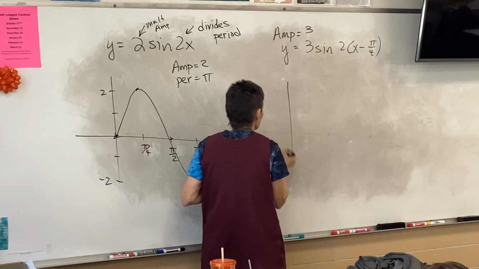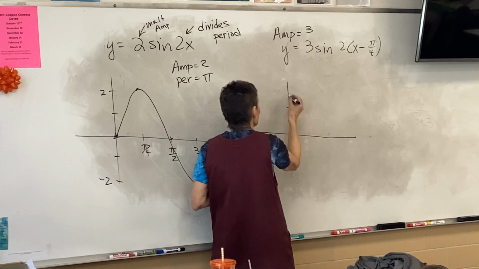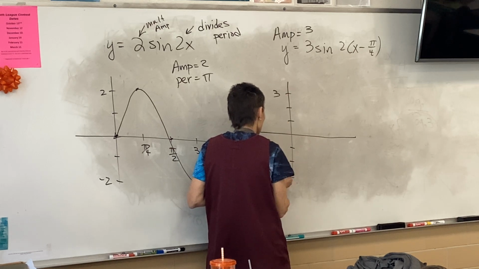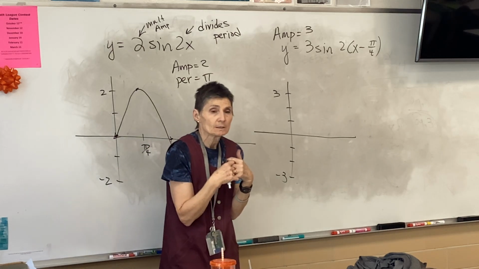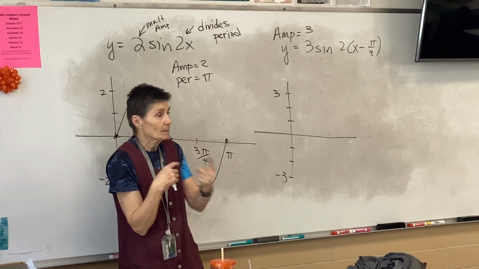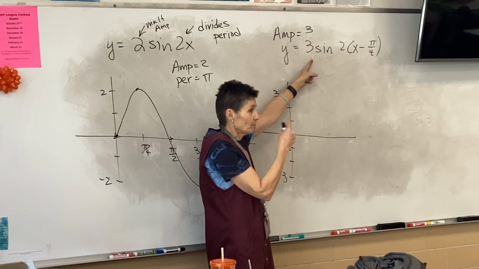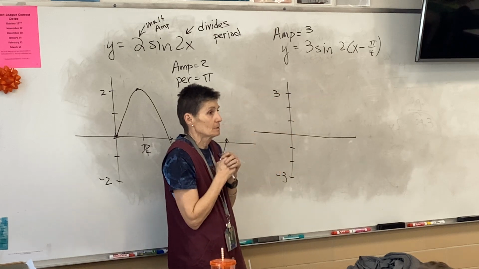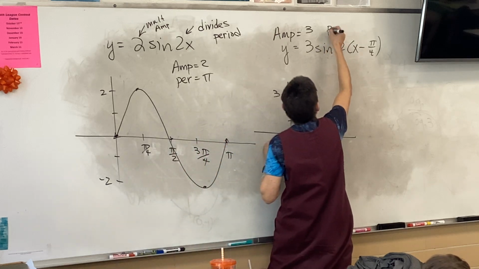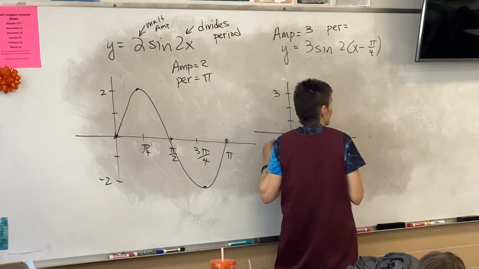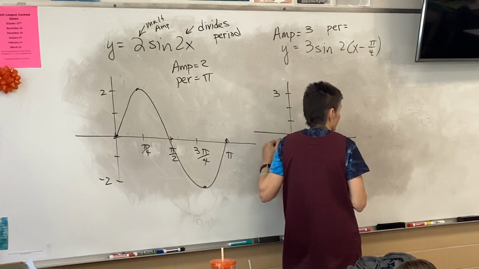Right, my amplitude's gonna be 3. Now, how do I know that? Because the normal amplitude is 1. That number multiplies the amplitude. What's my period? 2.